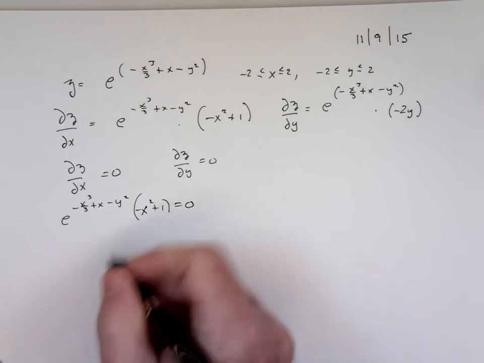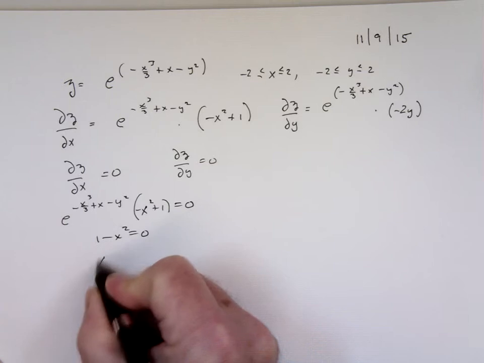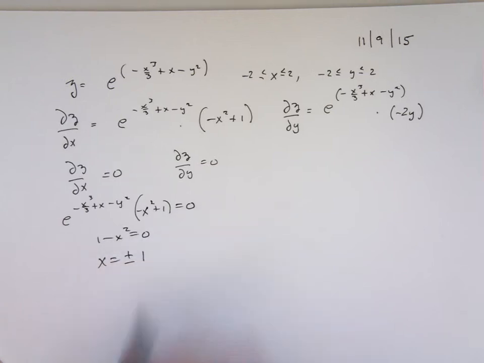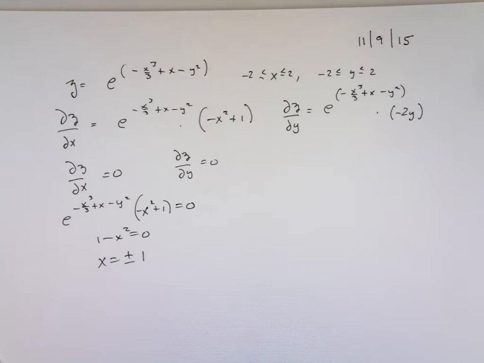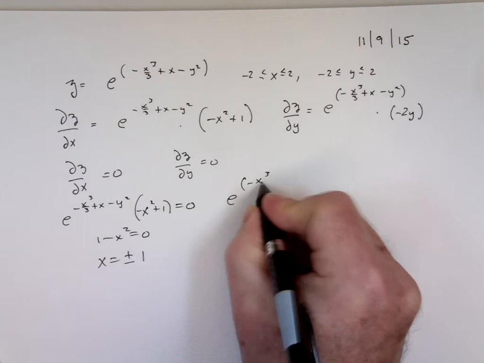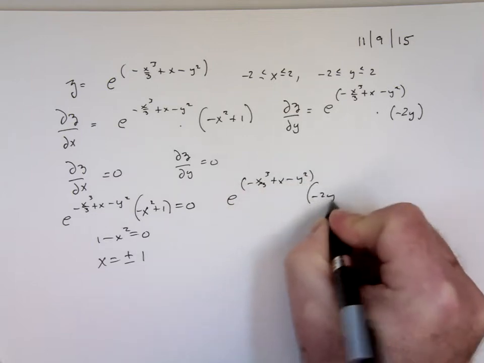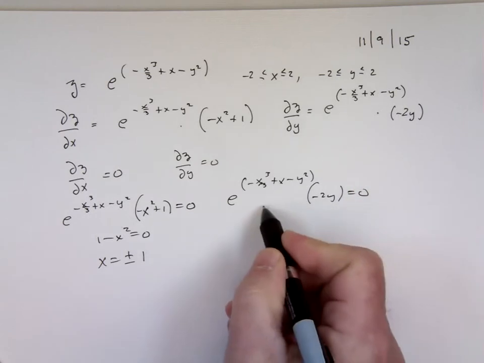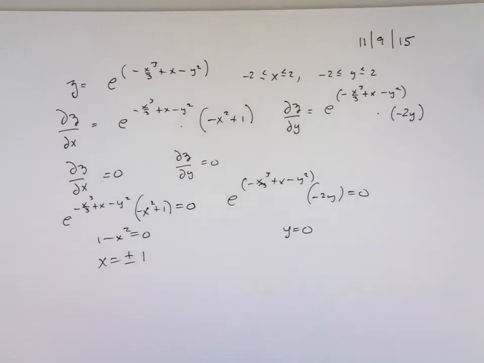So you set this equal to 0, 1 minus x squared equals 0, and you get x is plus or minus 1. On the other hand, when you set the partial with respect to y equal to 0, you'll have this. And again, this first factor is never 0. It's only 0 when y is equal to 0. We end up with two critical points.